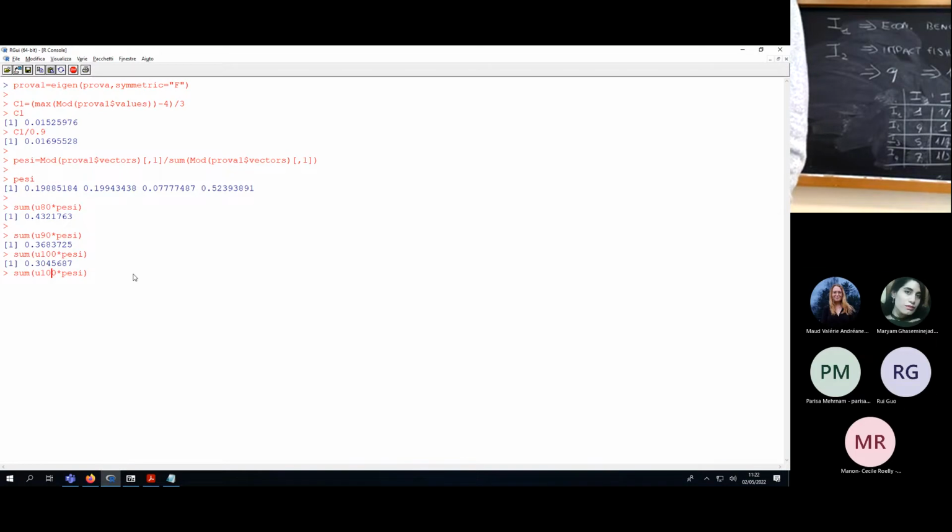Lower again, 110. Lower, and 120. Okay, so again, in this case, the best is 80, even if we gave some more importance to the economic benefit, but probably the importance was not so high, and therefore we get this result.